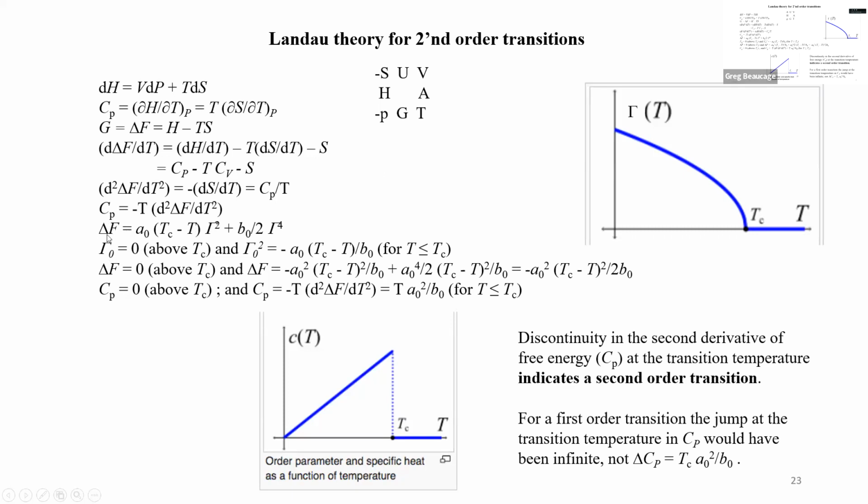Because you can get the second derivative of this thing, you can solve for Cp in terms of gamma, and you find out that it's going to linearly increase, and then when it reaches this critical temperature, it drops to 0. So basically that framework with these derivatives can give you the second order transition.